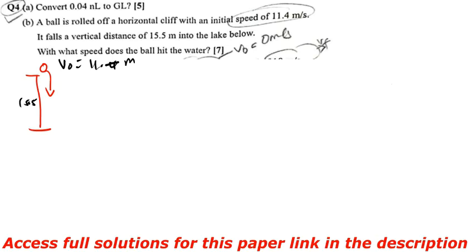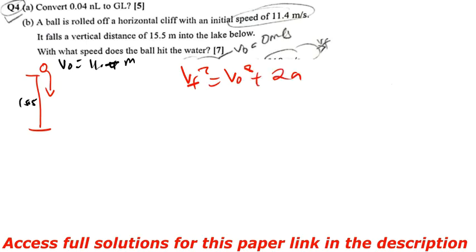What else do we know? We do not know the time. We need to choose the formula which is going to help us to find the final speed without time. So it is the third equation. V final squared is equal to V initial squared plus 2a.